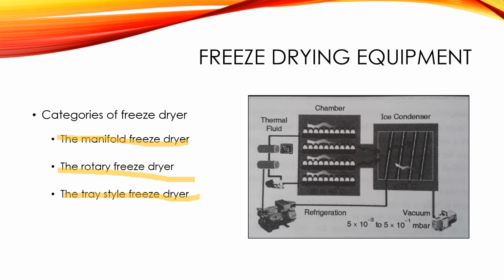But two components are very common to all these types of freeze dryer. The vacuum pump to reduce the ambient gas pressure in a vessel containing the substance to be dried, and the condenser to remove the moisture by condensation on a surface cooled to minus 40 degrees Celsius to minus 80 degrees Celsius.